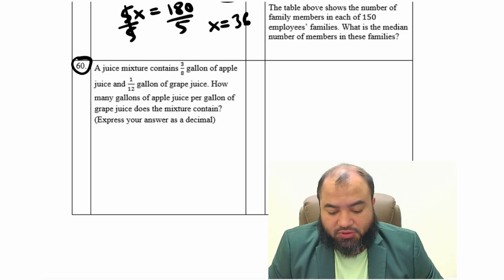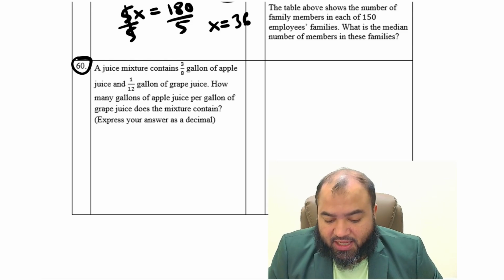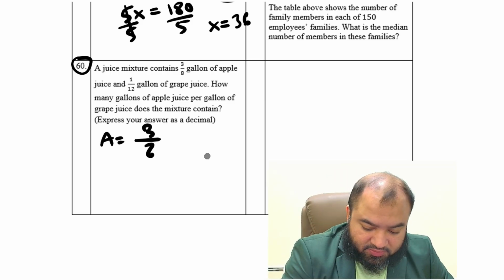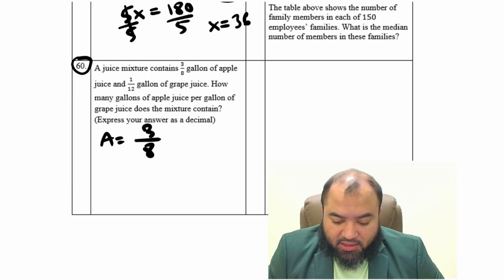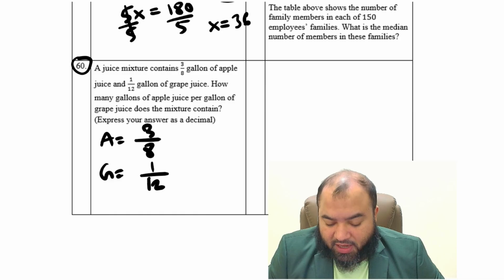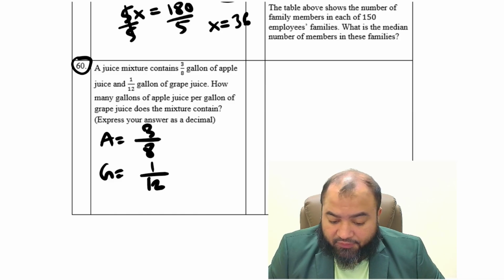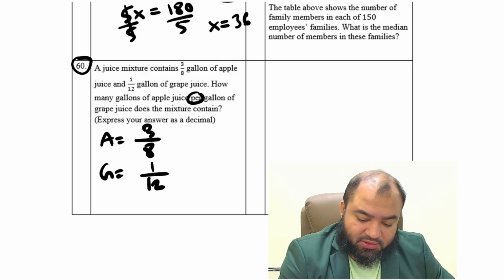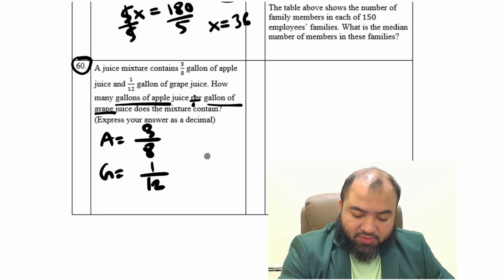So a juice mixture contains 3/8 gallon of apple. So apple is 3/8. And 1/12 gallon of grape. So grape is 1/12. How many gallons of apple juice per gallon of grape juice? Okay, now the per means division. All you have to do is just the gallons of apple divided by gallons of grape juice.